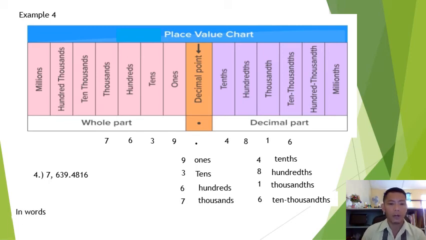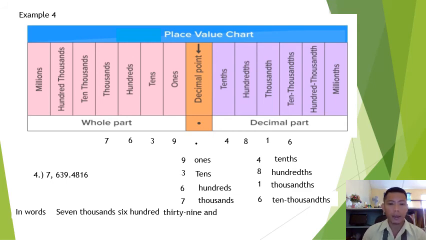So in words, we will write this number as 7,639. Again, don't forget to write a dash or hyphen in between 30 and 9.